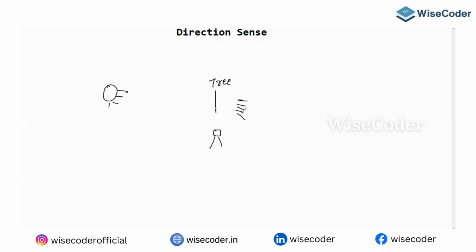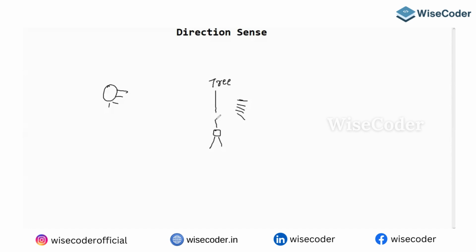So what is it saying? The shadow will fall to his right. Let's say Surya is facing towards north.